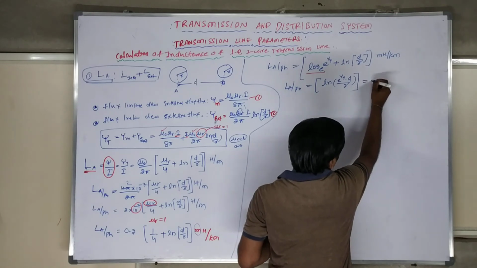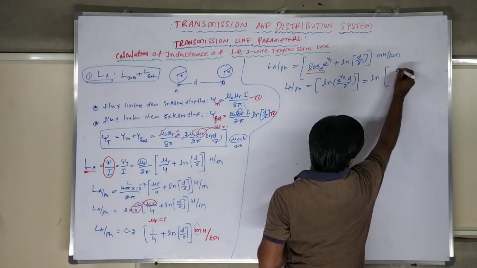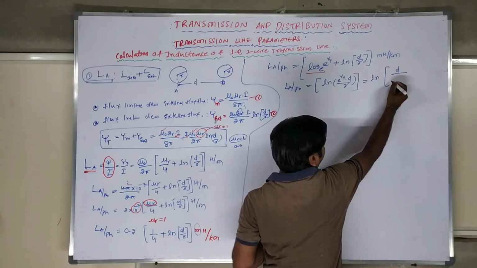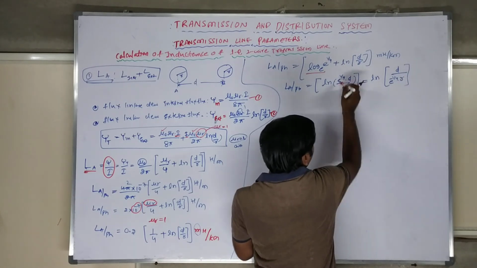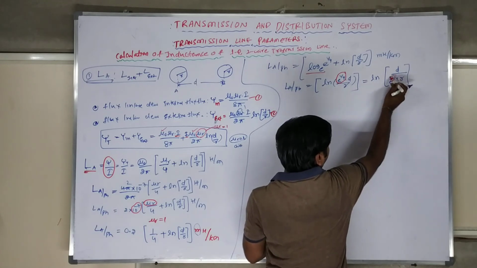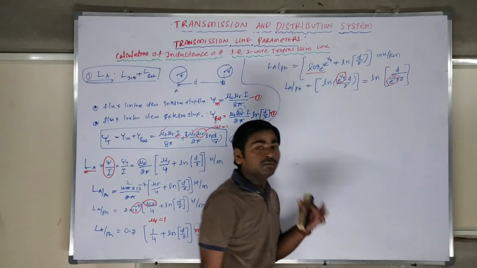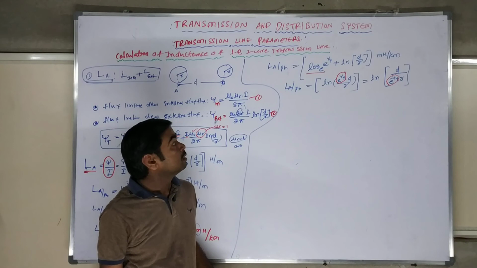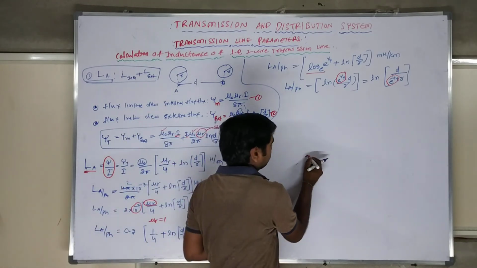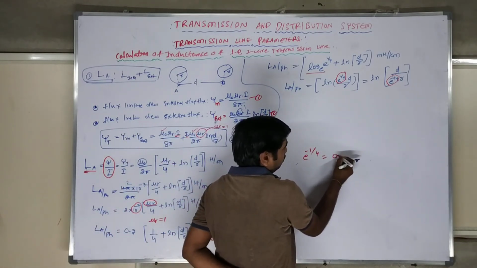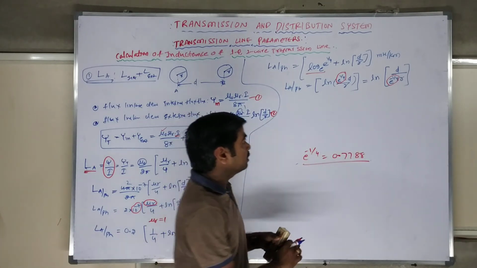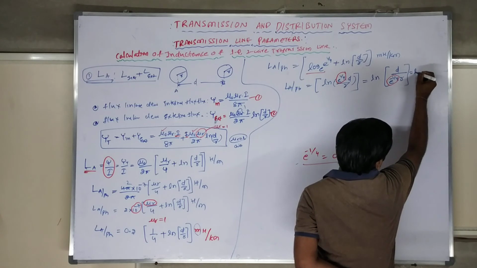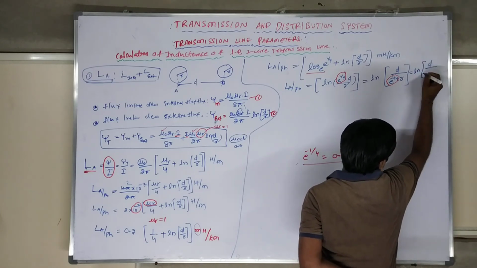Next, I am writing it as ln of d by e power minus 4 into r. If you use your calculator, e power minus 4 equals 0.7788. So I am writing here directly: ln of d by 0.7788 into r.